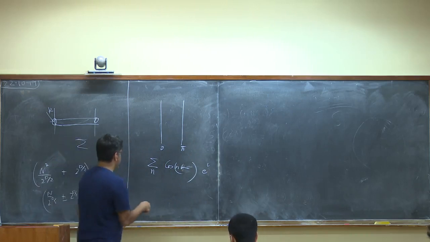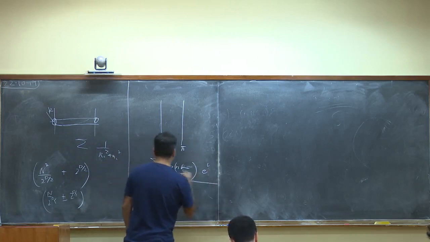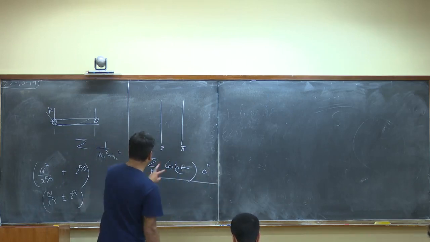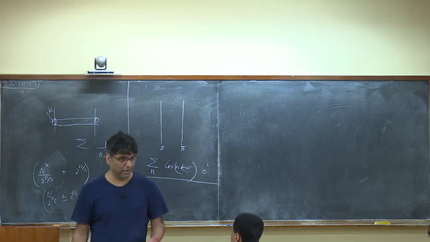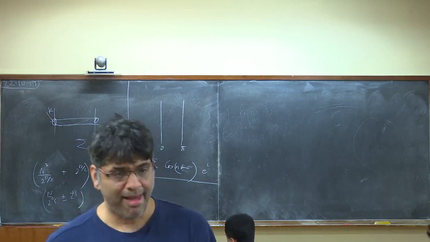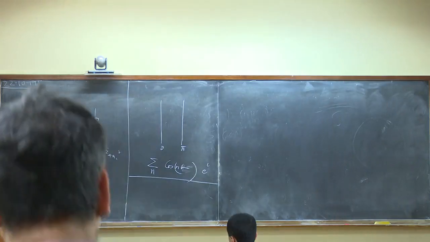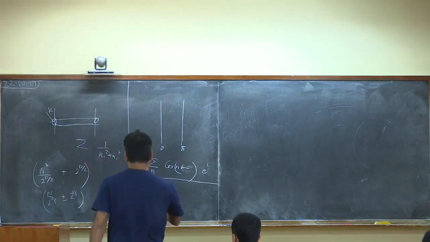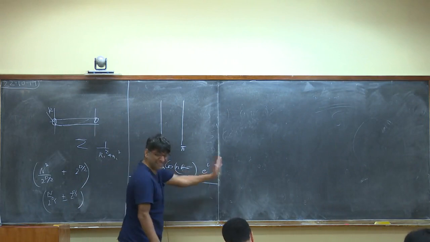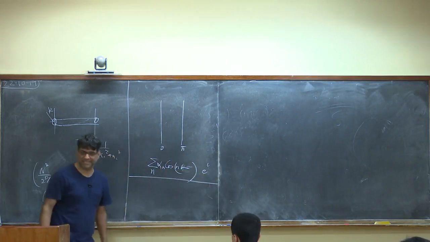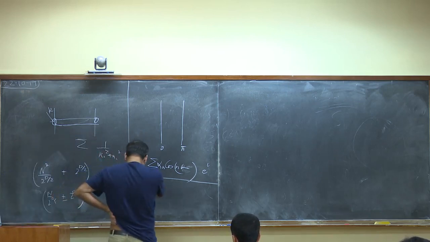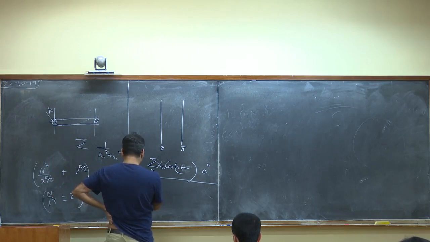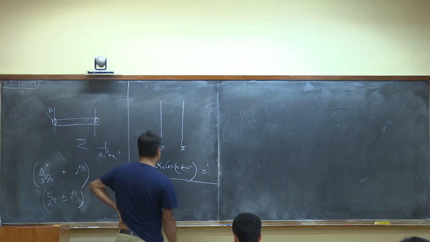Now let's look at it in the following way. Under orientation reversal, what happens? We've got some alpha n, some time dependence, and cos n sigma. Now orientation reversal is effectively sigma goes to minus sigma.